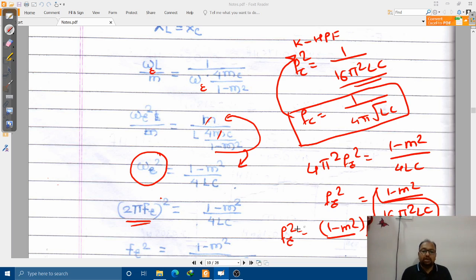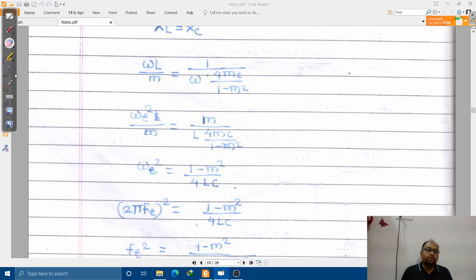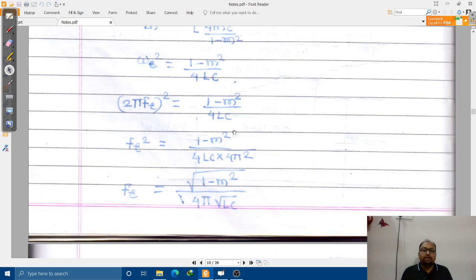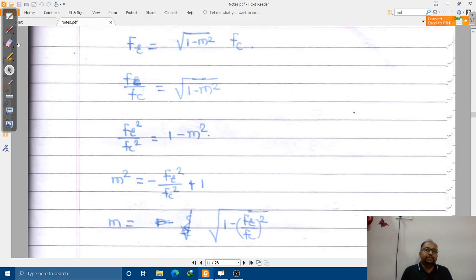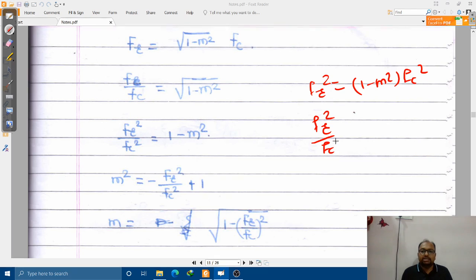So now let us find out M for this as well. Over here, fr square divided by fc square is equal to 1 minus M square, because fr square is equal to 1 minus M square into fc square was the equation, and therefore we have taken that fc square to one side.